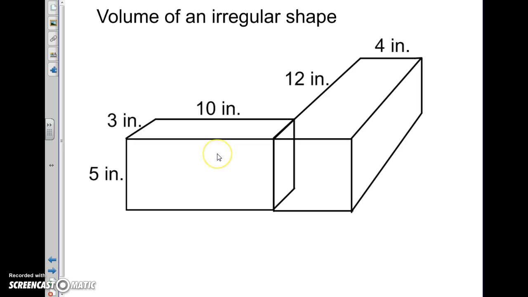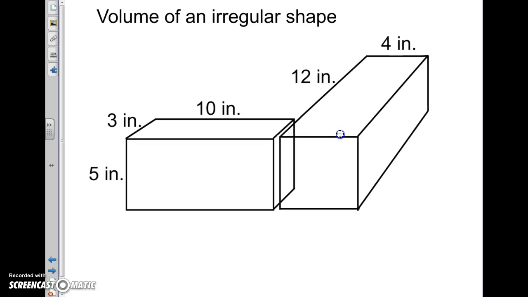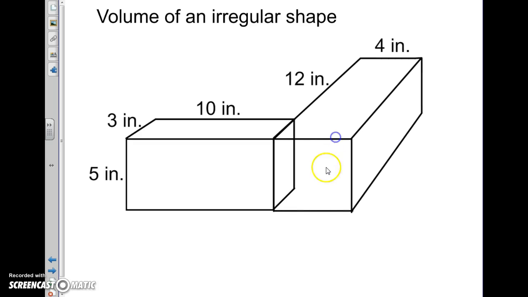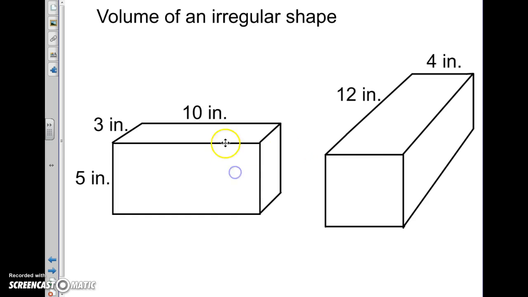It's not a rectangular prism. But if you look at it closely, you can see that this L is made up of two rectangular prisms. If I can just separate those, figure them out. So I can take each one of these rectangular prisms here, and I can split them apart. Okay, so we're going to do that first.